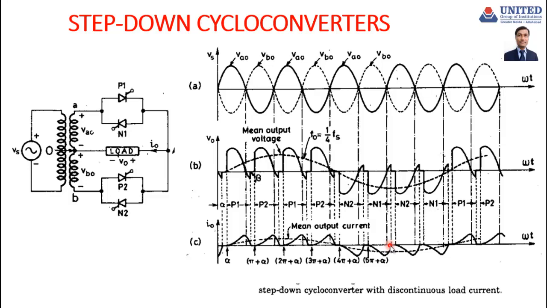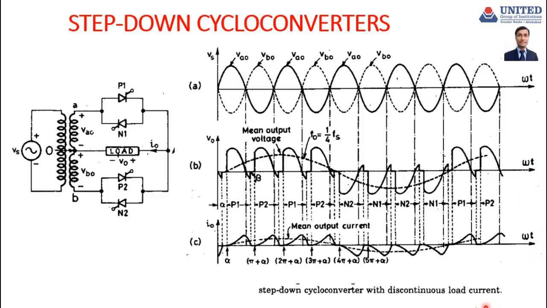Therefore in this manner 4 negative half cycles of load voltage and load current will be obtained, which is equal to the number of 4 positive half cycles. Now P1 is again triggered to fabricate further 4 positive half cycles of load voltage and so on.